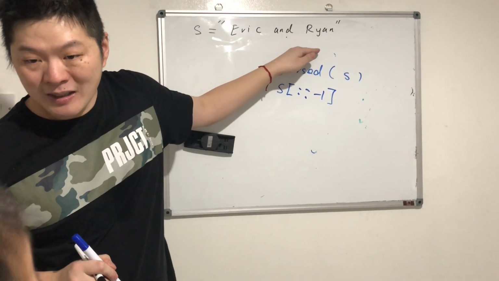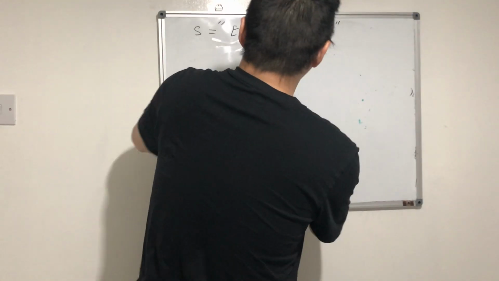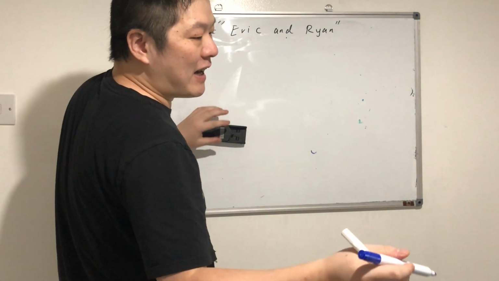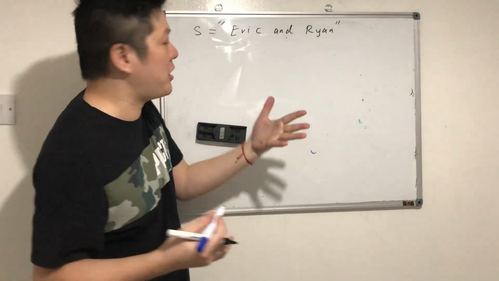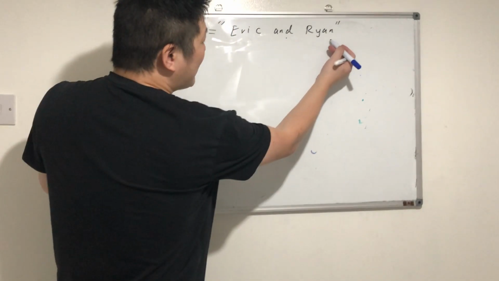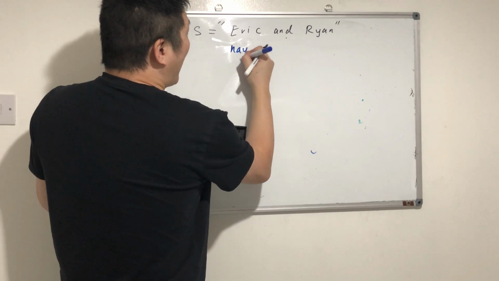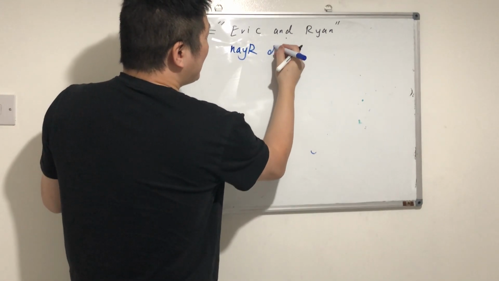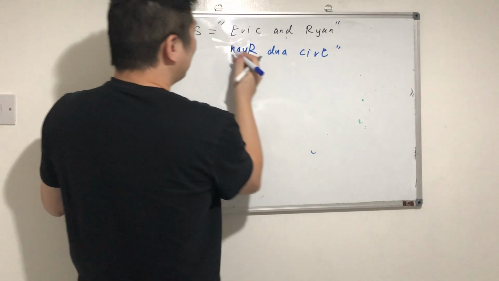One way of doing it, Eric, a more complicated approach, is to reverse this by letters. So reverse this, you'll get NAYRDNACIRE.